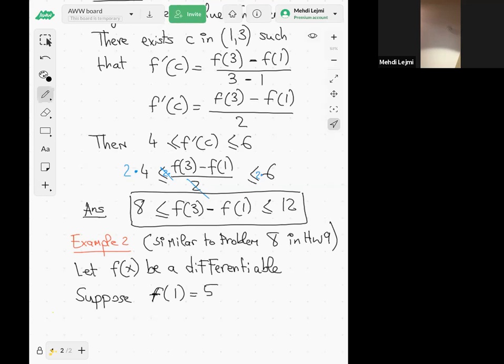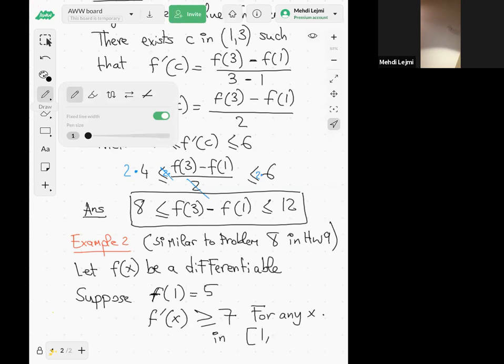And you know that f prime of x, the derivative of your function f, is larger or equal to 7 for any x in the interval 1, 3.